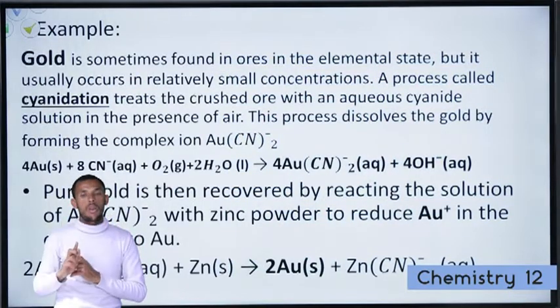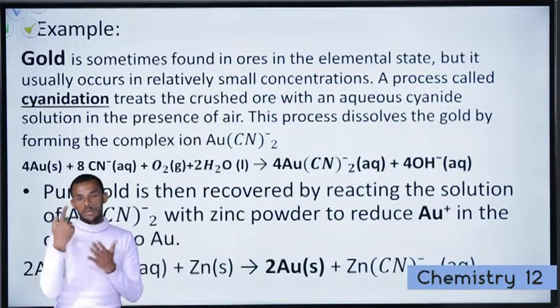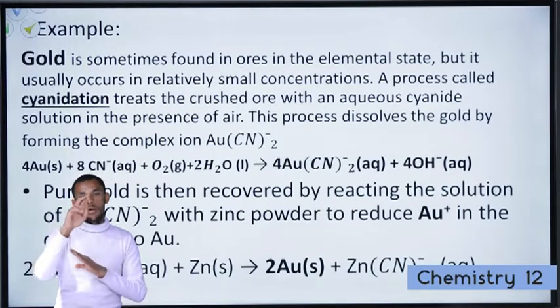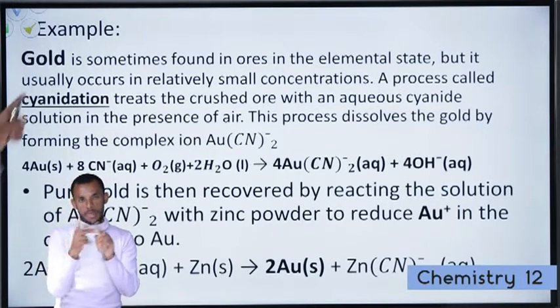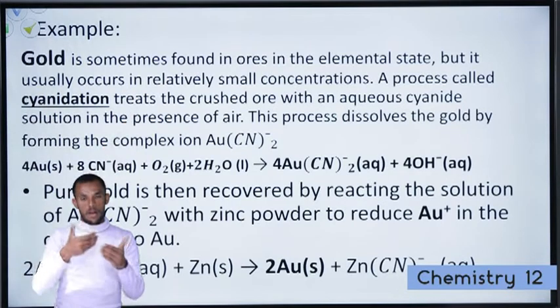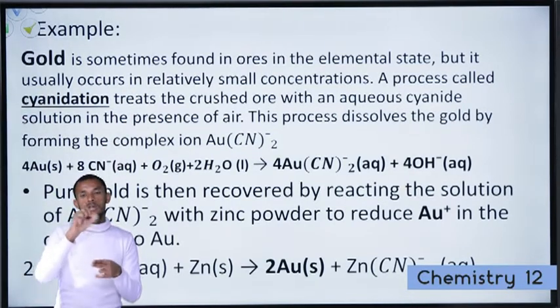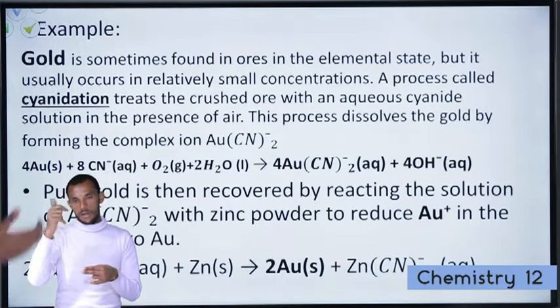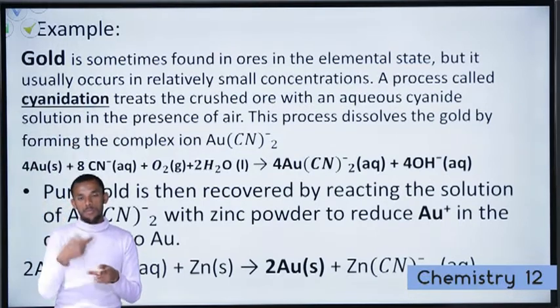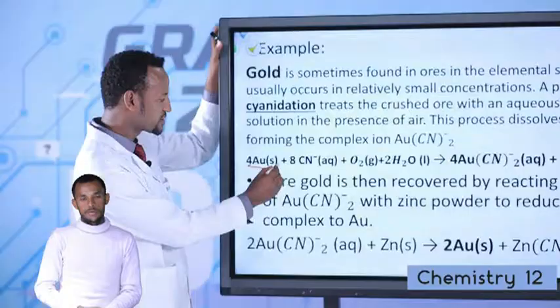Look at one example here. Gold is sometimes found in ores in the elemental state, but it usually occurs at relatively small concentrations. The process is called cyanidation. Look, this is gold, students.